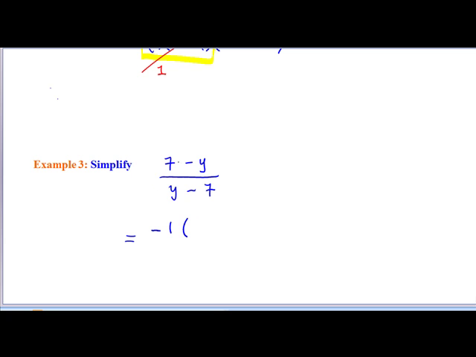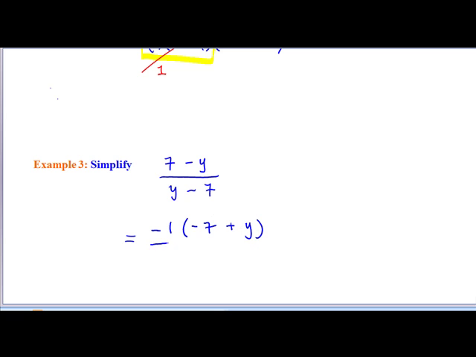So when you factor out minus 1 in the numerator here, then everything up here, the signs reverse. So we have minus 7 and plus y, because minus 1 times minus 7 is a positive 7, and minus 1 times y is minus y.